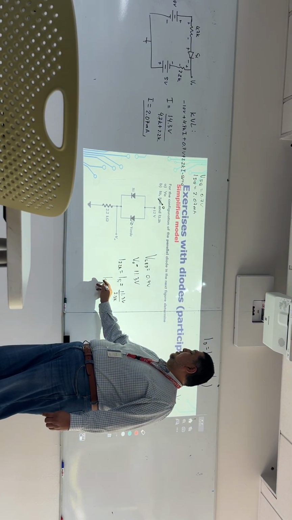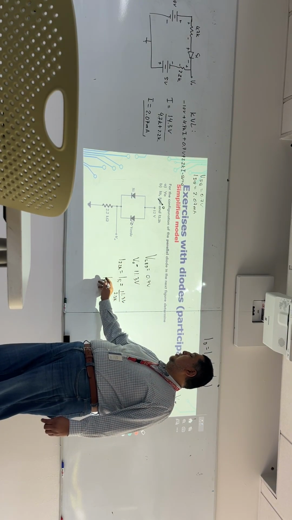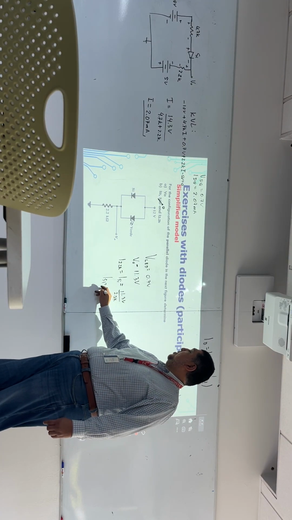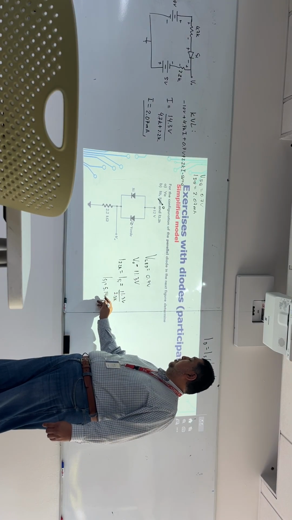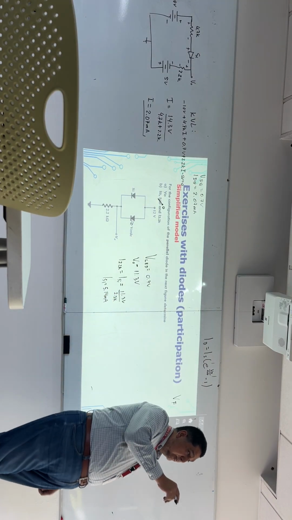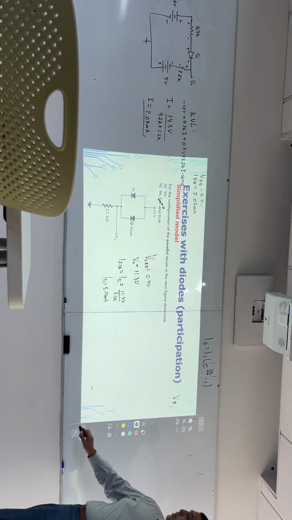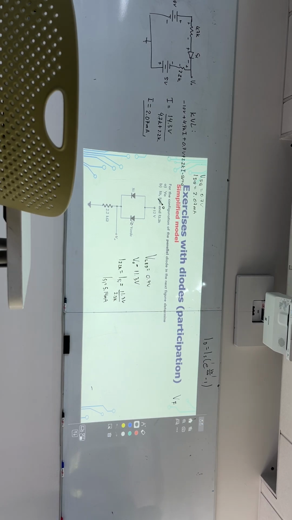So ISI equals how much? 5.14 milliamps. Is that correct? Okay, so hopefully we are warming up, and then you are able to solve more complex exercises.